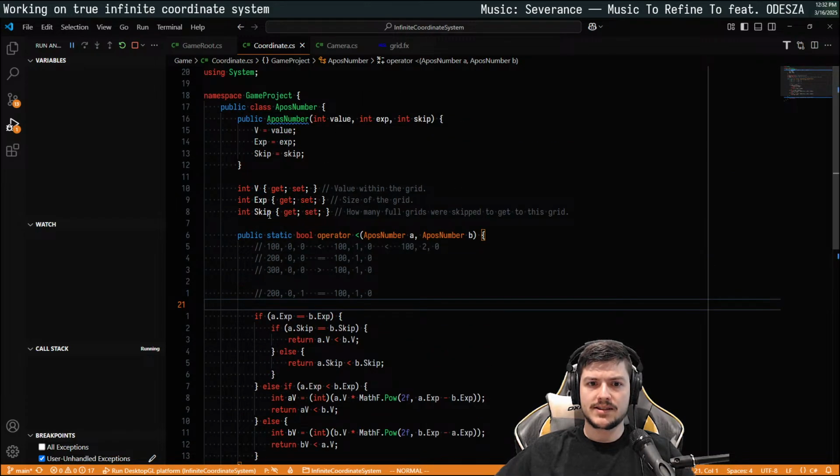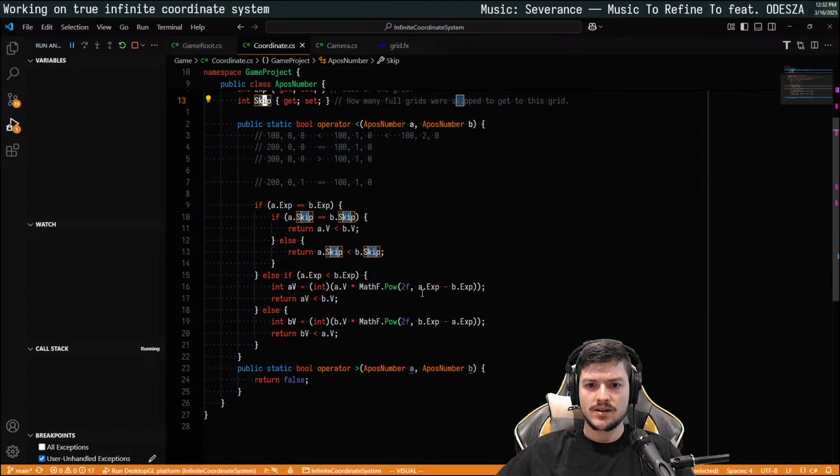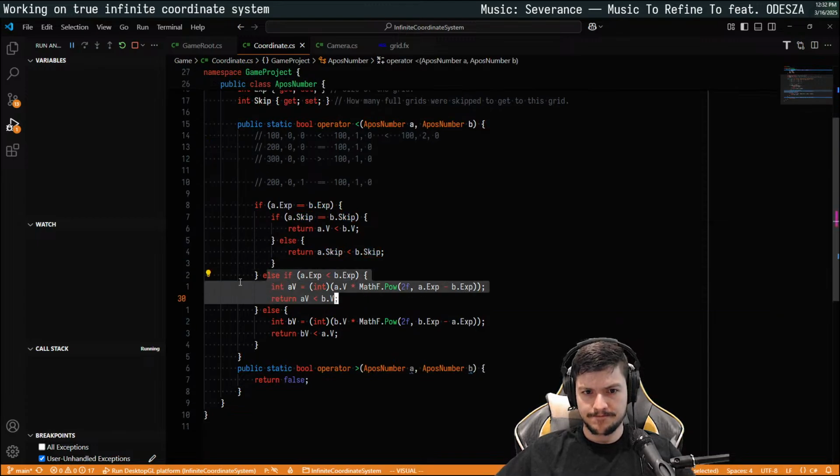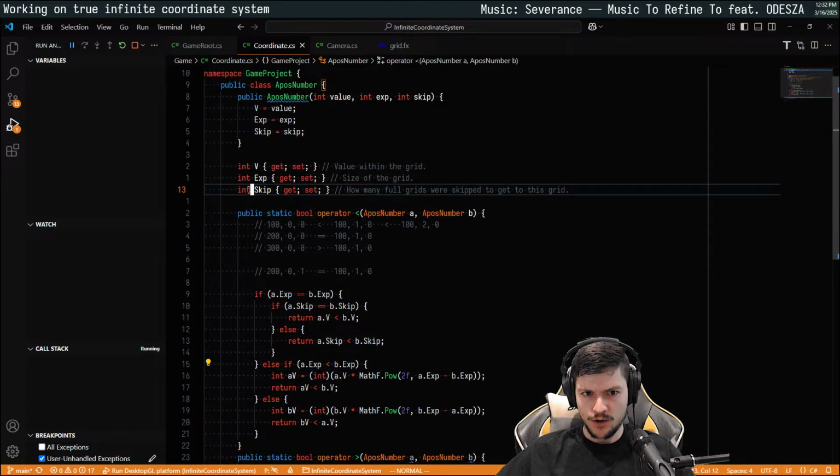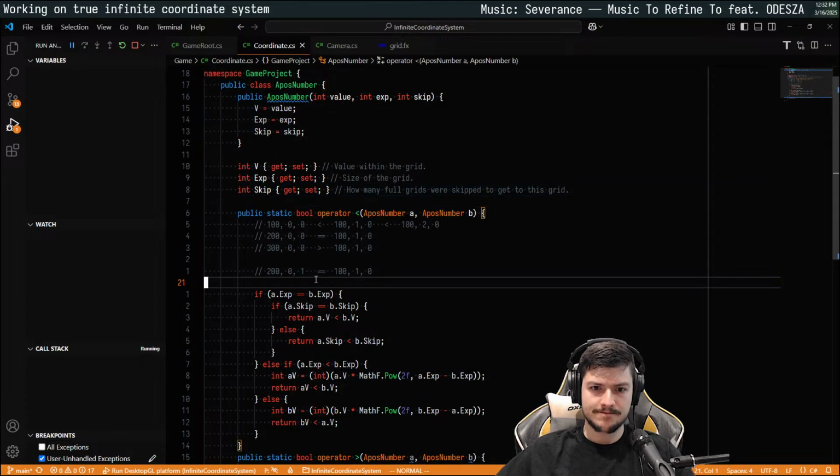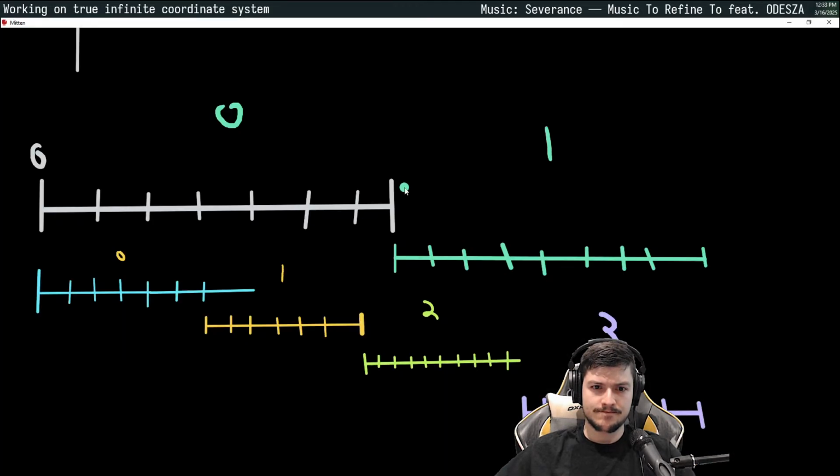If the skip is large enough, we don't need to check this. But how do I know that? How do I know where I'm at?